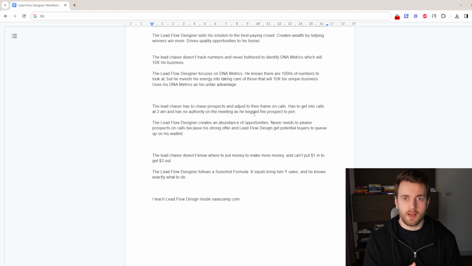Then we can reinvest, and we know how much we need to put into each thing to get us to the revenue target we have planned for the quarter.